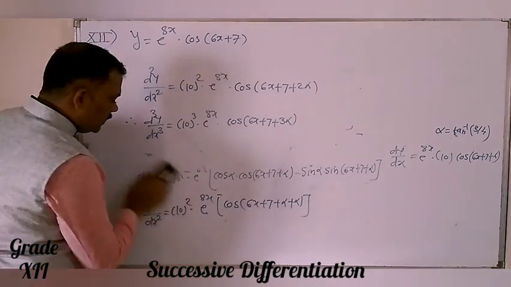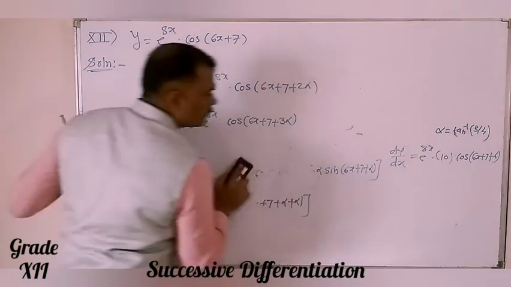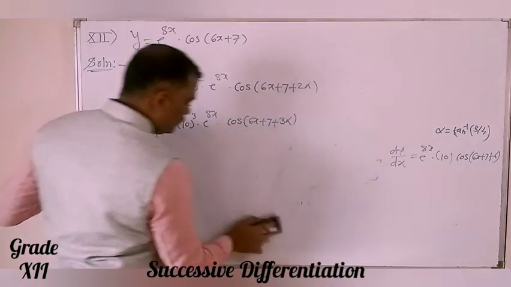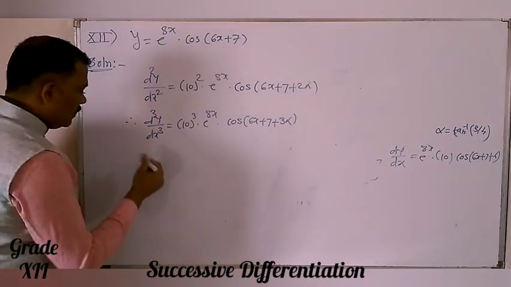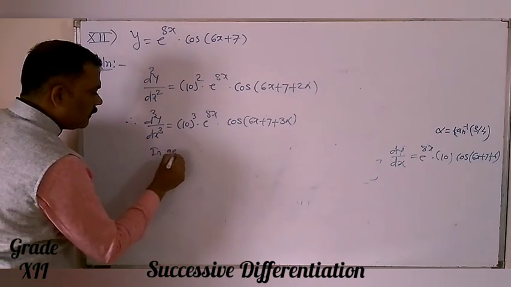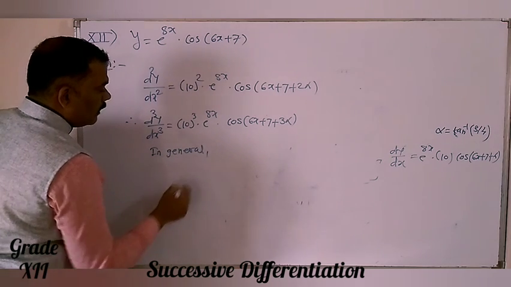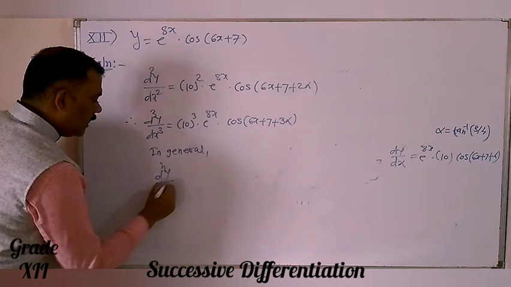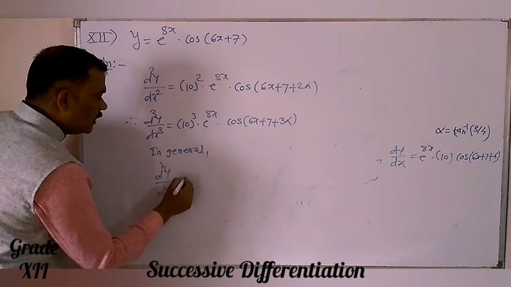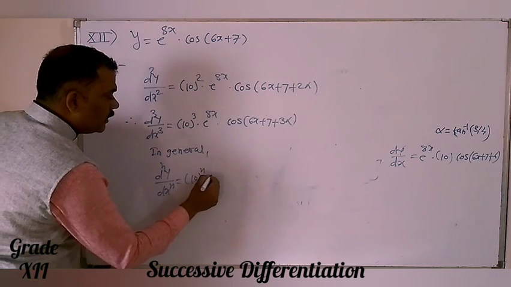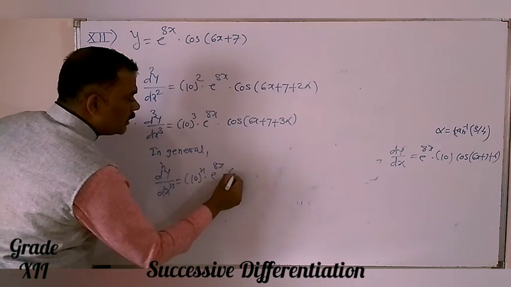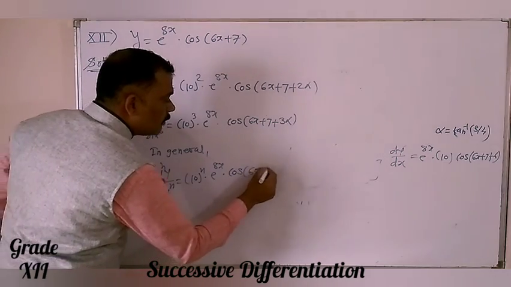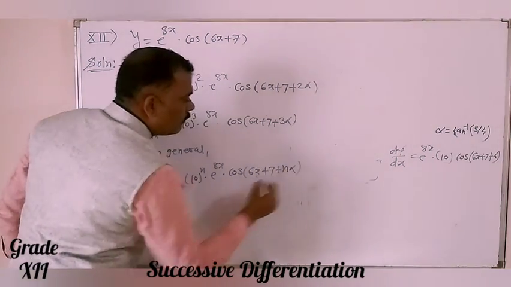So in general we can write dn y by dx raised to n is equal to 10 raised to n into e raised to 8x into cos of 6x plus 7 plus n alpha.